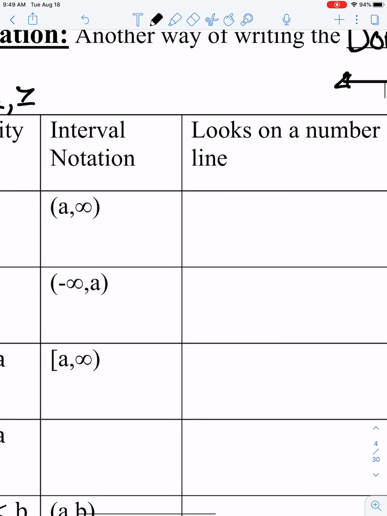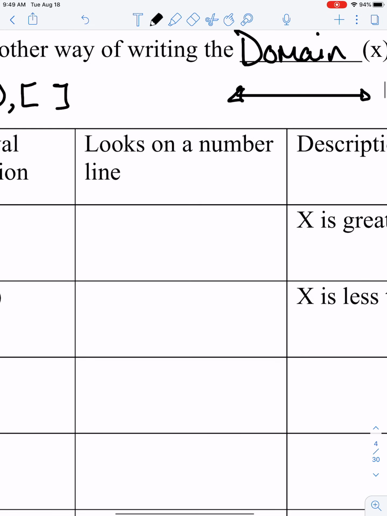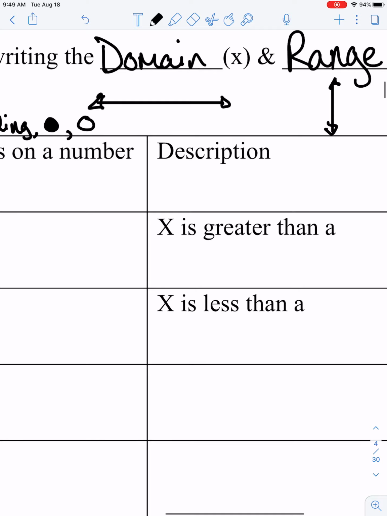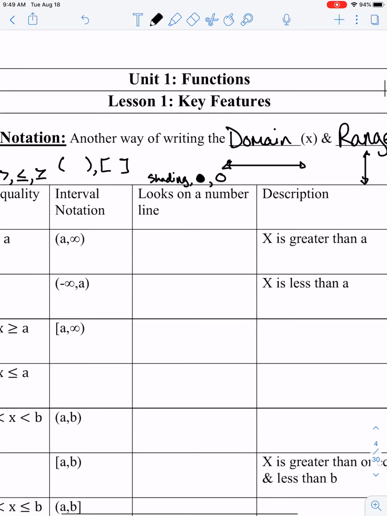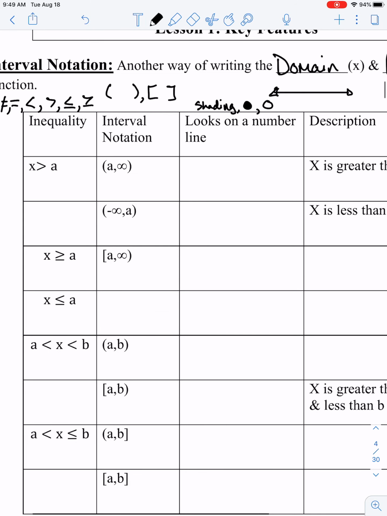Interval notation is going to use parentheses and brackets. Number lines are going to use shading, and you'll have closed dots, you'll have open dots, and then verbal description is just if we go through and talk about it. So if I want to read this, I'm already giving you the verbal description.